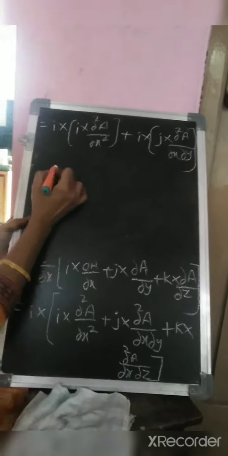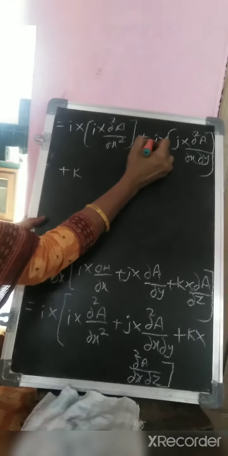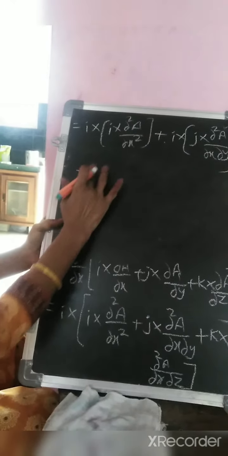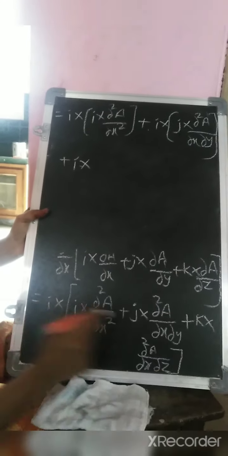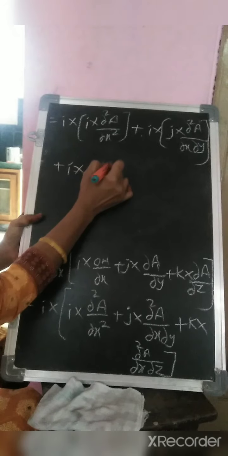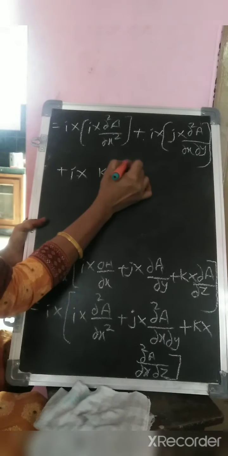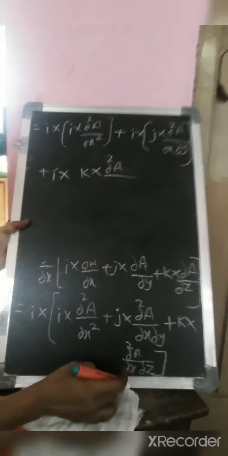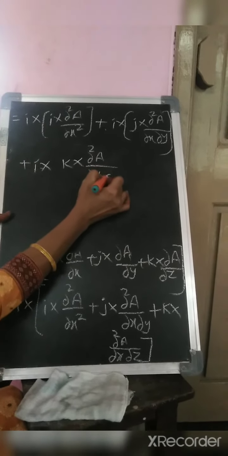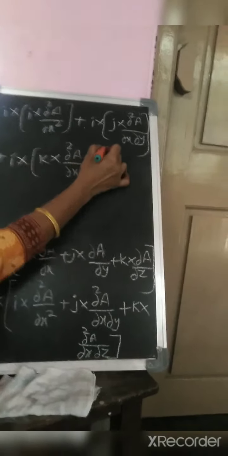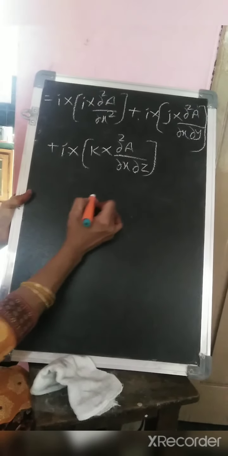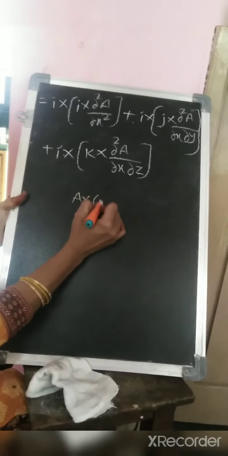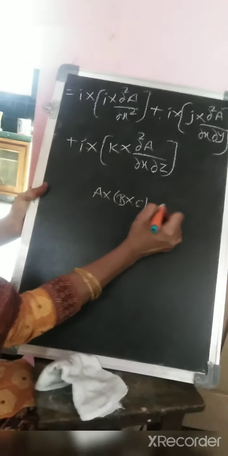So write down each term. So that is i cross ∂²A/∂x², plus i cross j cross ∂²A/∂x∂y, plus j cross i cross.